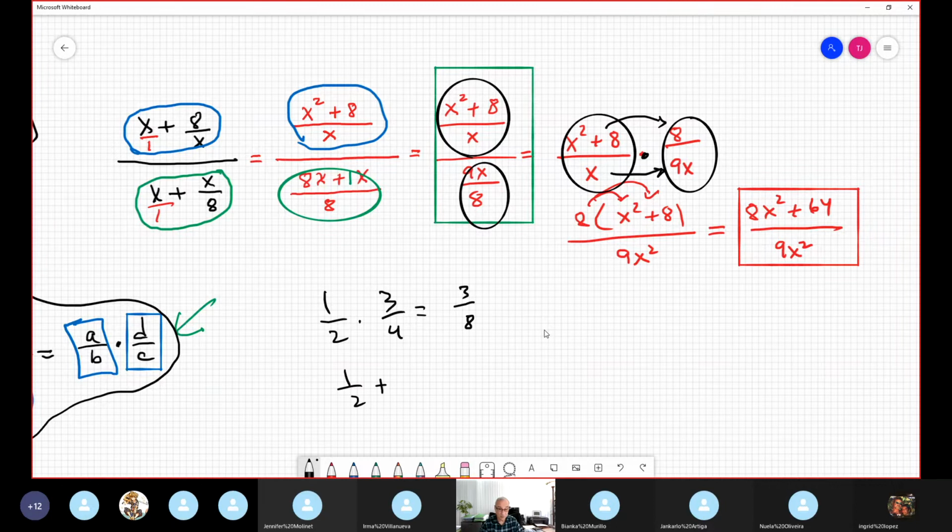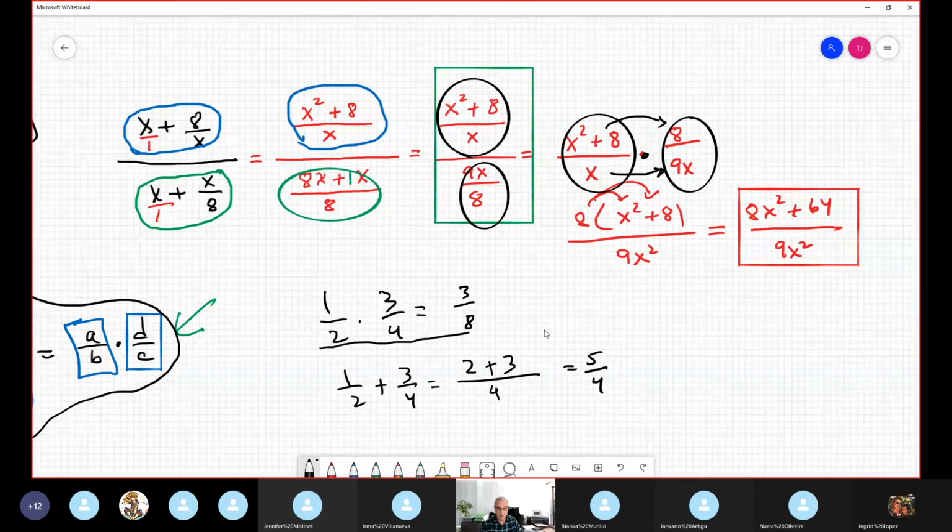When you are adding, well, you find the LCD, which is 4. 4 divided by 2 is 2 times 1 is 2. 4 divided by 4 is 1 times 3 is 3. That is 5/4. Is this idea clear or not? So multiplication is, in my opinion, the easiest operation with fractions, because the only thing you should do is multiply top, top, bottom, bottom.